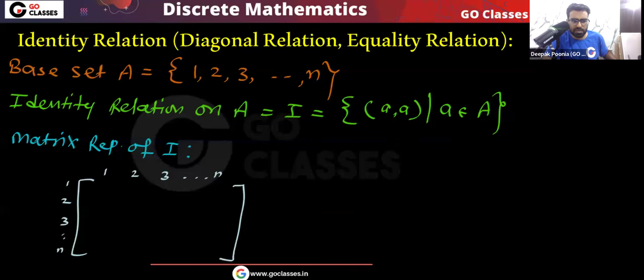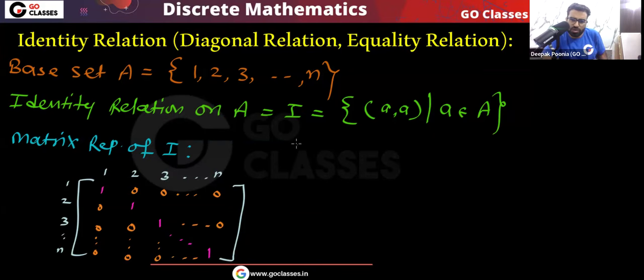Identity relation simply means that all the elements on the main diagonal will be 1. 1 is related to 1, 2 is related to 2, 3 related to 3, and so on, n related to n. All the remaining cells will be 0. So this is the matrix representation of identity relation.